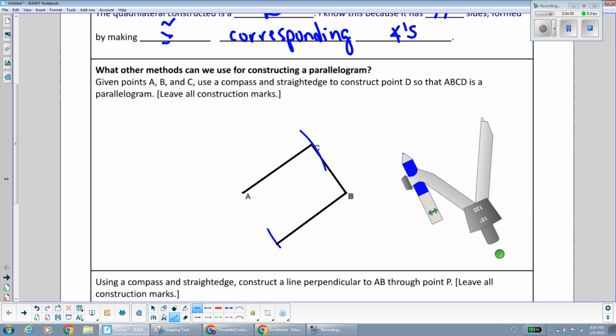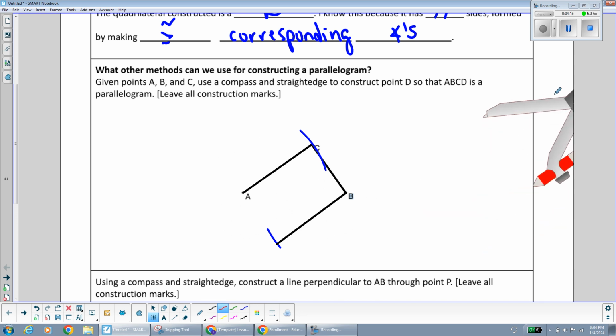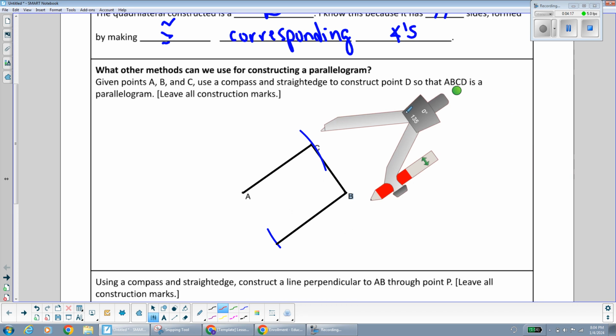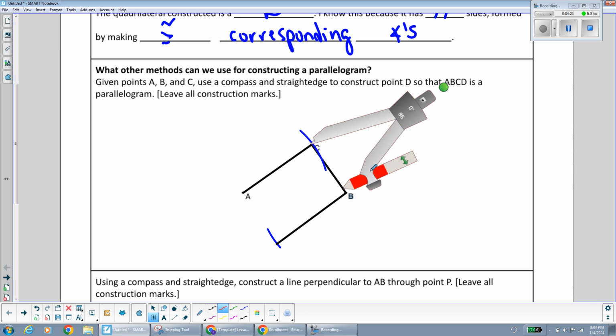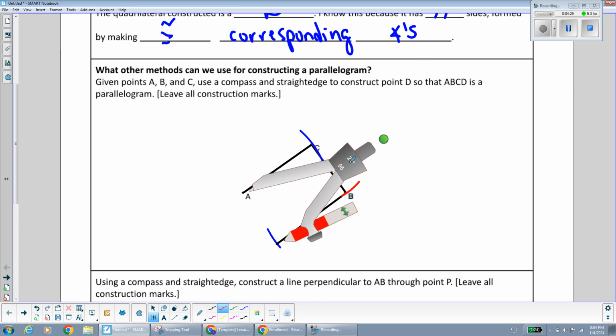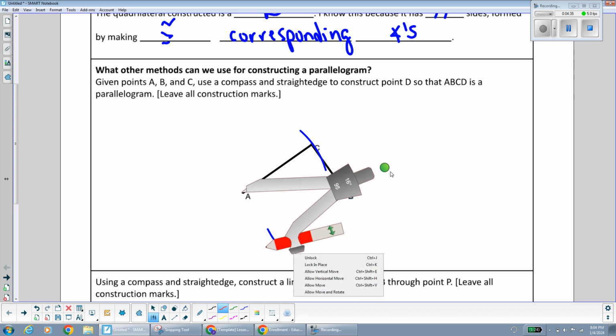We should also make sure that the other pair of opposite sides is congruent too, even though we can see where point D is going to be already. So what I'm going to do is measure this side over here, and then make sure that we have the same length here.